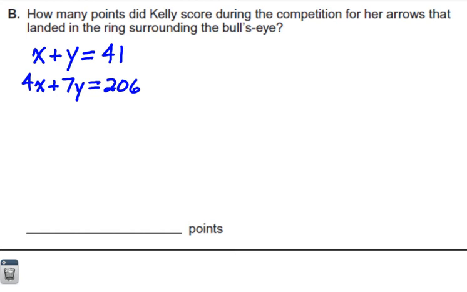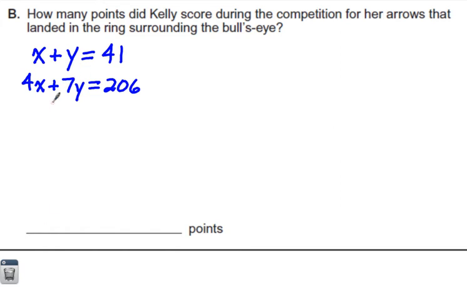I'm going to choose, at least at first here, the elimination method. And remember, that method I call the addition method because we're going to be looking to add the equations together. But when I do that adding of the equations, I want one of the variables to cancel out. And so I need either the x's to be opposites of each other or the y's to be opposites of each other.